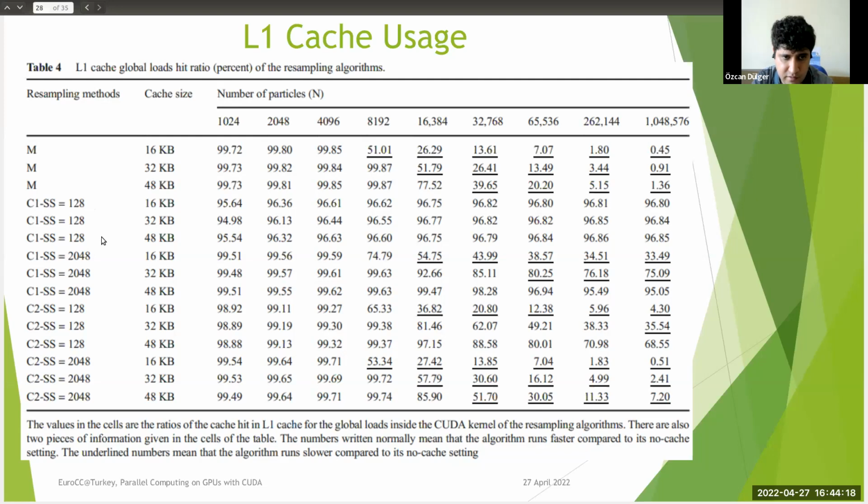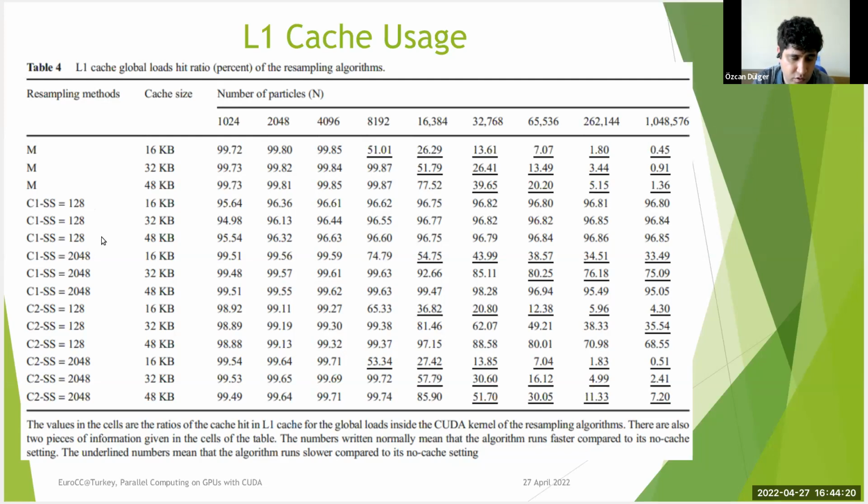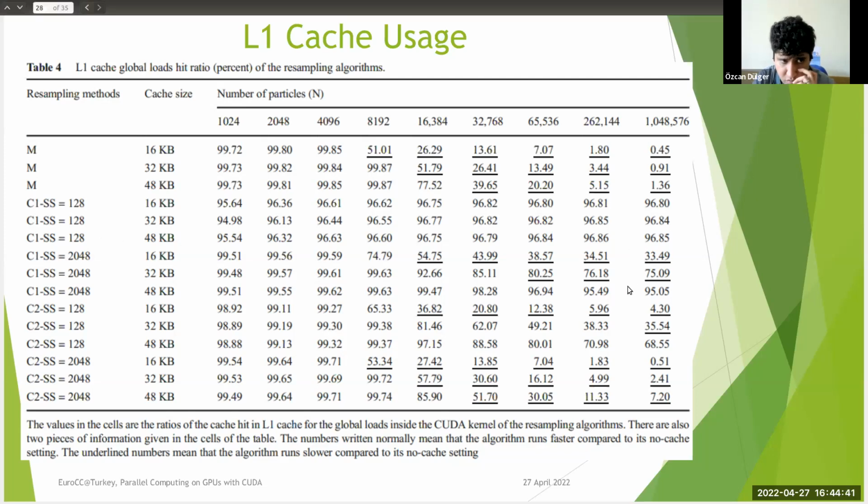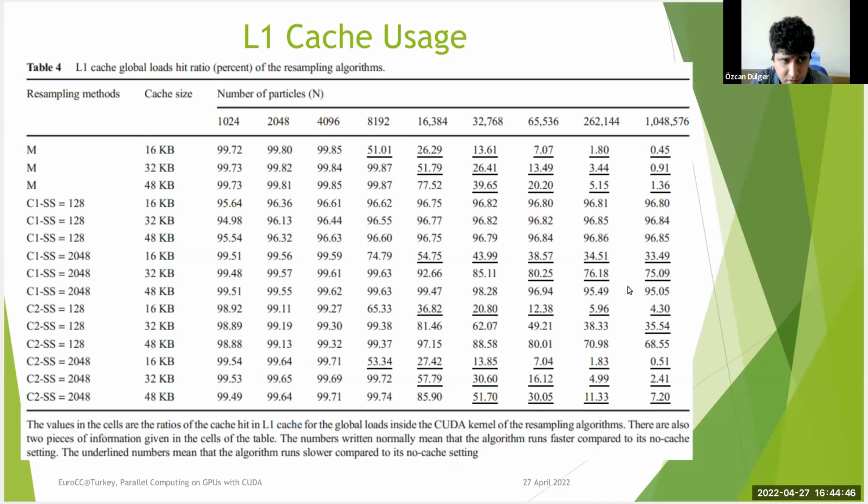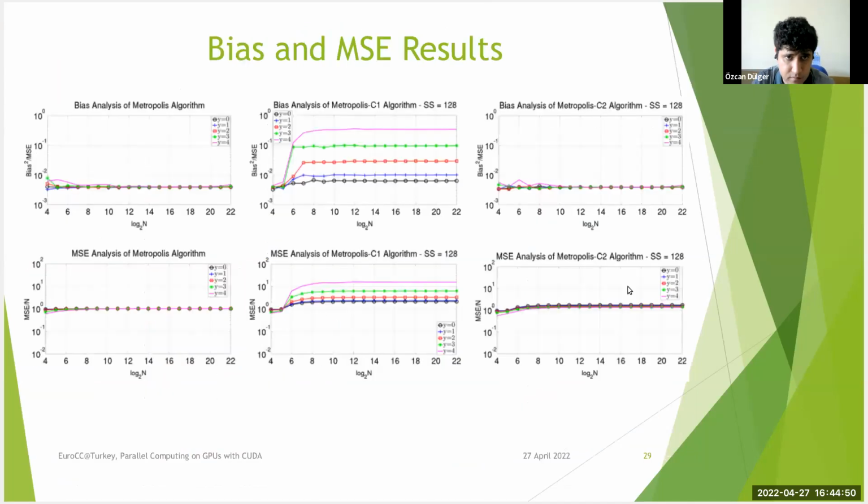It is enough to store all of the segments read by warps to the L1 cache. So we get these high ratios. But for the other ones, the hit ratios reduce as expected. So we benefit from L1 cache with Metropolis C1, where the segment size is 128.